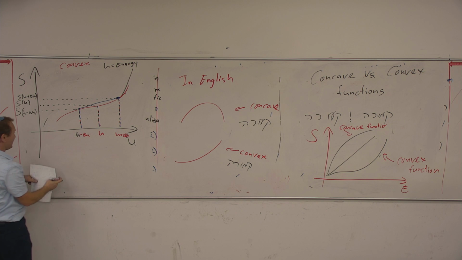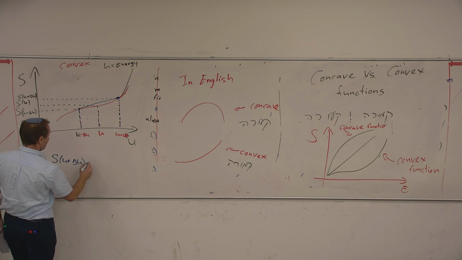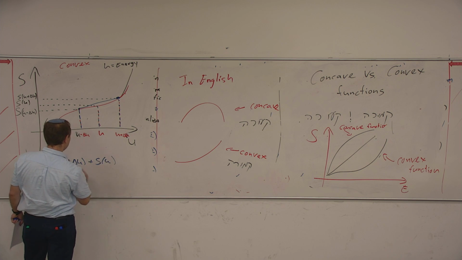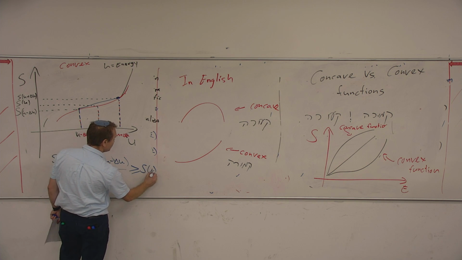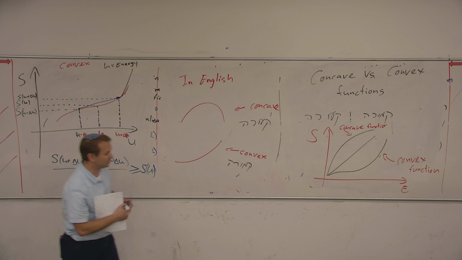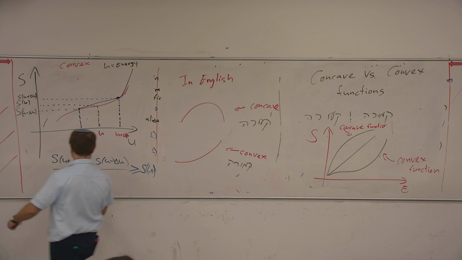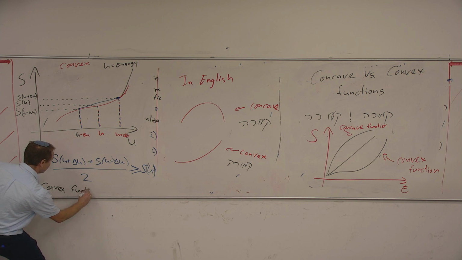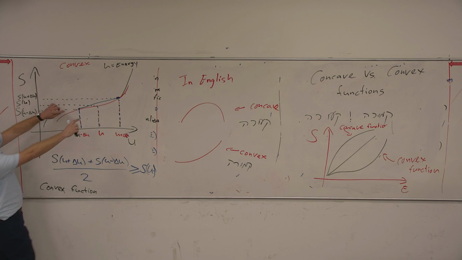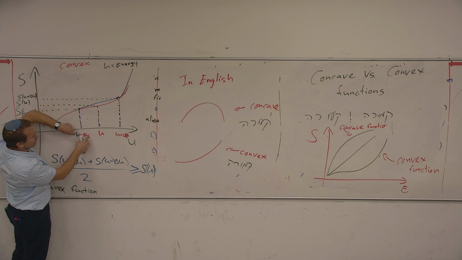So S of U plus delta U plus S of U minus delta U, divided by 2, is always greater or equal to S of U. This is the definition of a convex function.